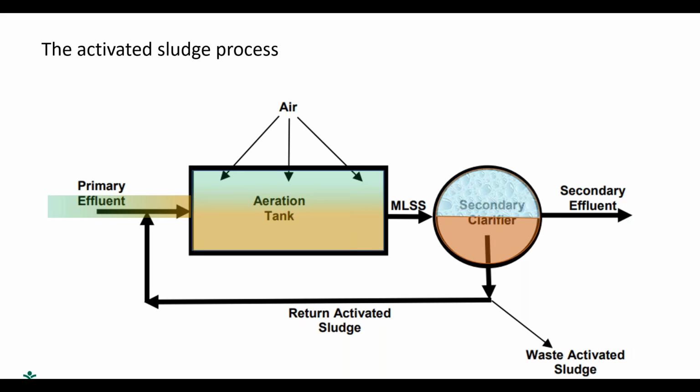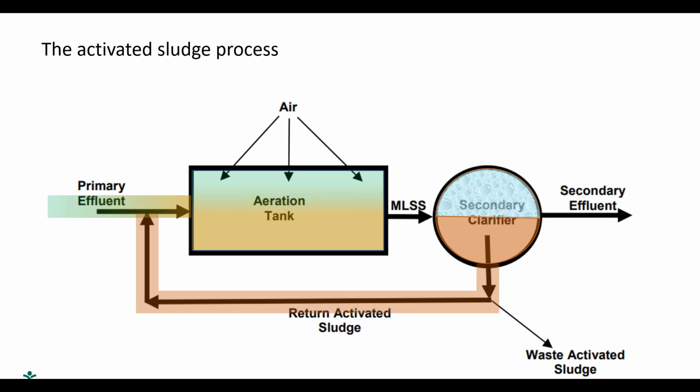The secondary clarifier is where the microorganisms, basically the biomass, are settled. So that's basically collecting the microorganisms, and then you have the return activated sludge flow, which recirculates a portion of that biomass back to the primary effluent.